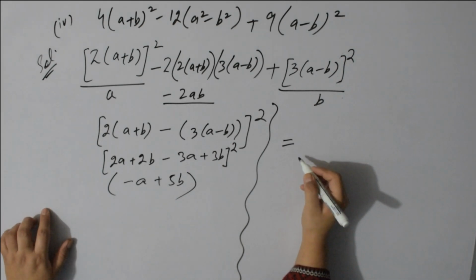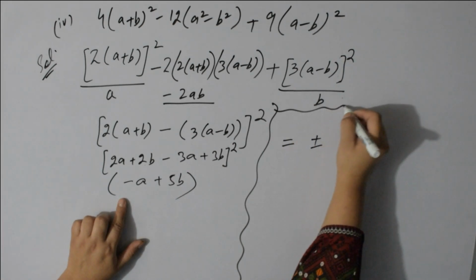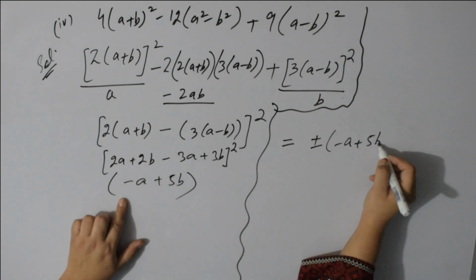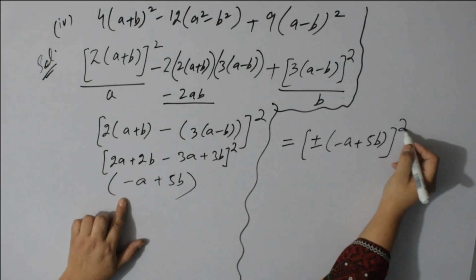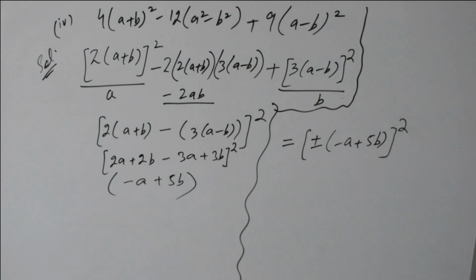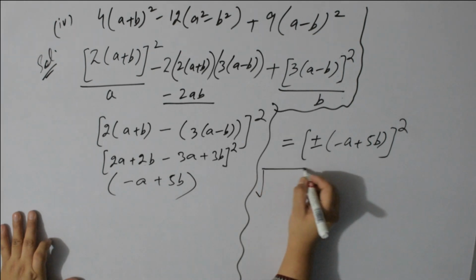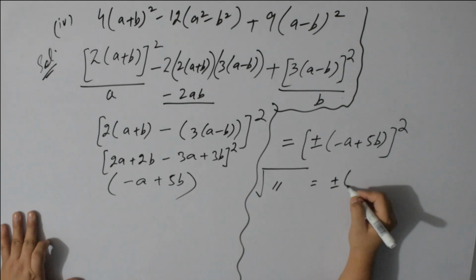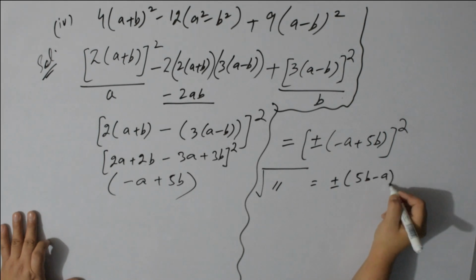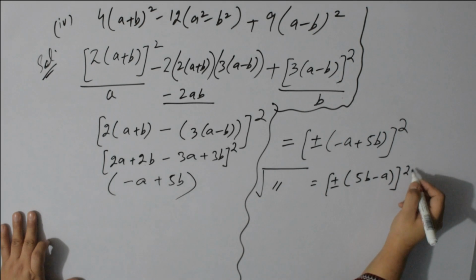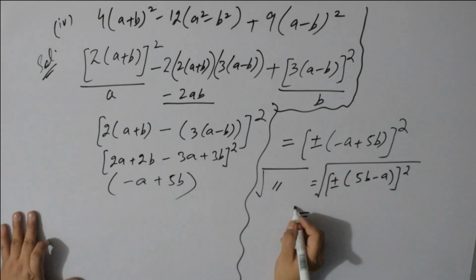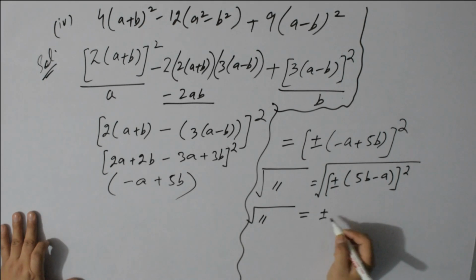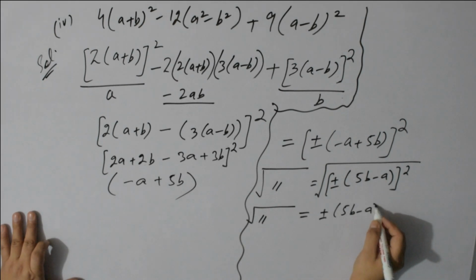Then I can write it as plus minus A plus 5B within square. Then taking the square root on both sides. Over here is your question, and over here is your solution. 5B minus A, and this is your question. I am not writing it, so the answer is plus minus 5B minus A.